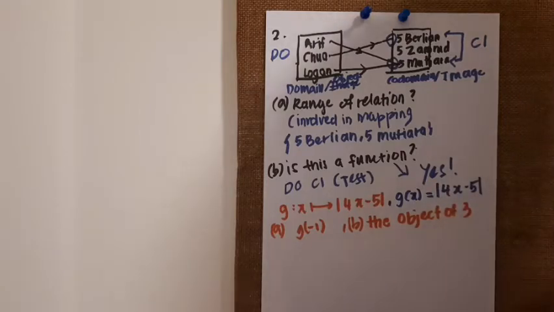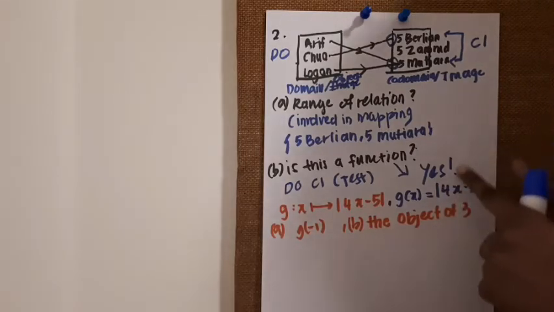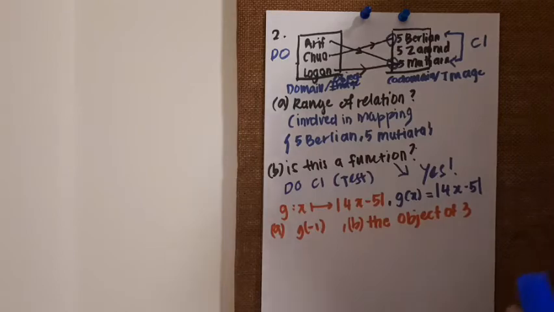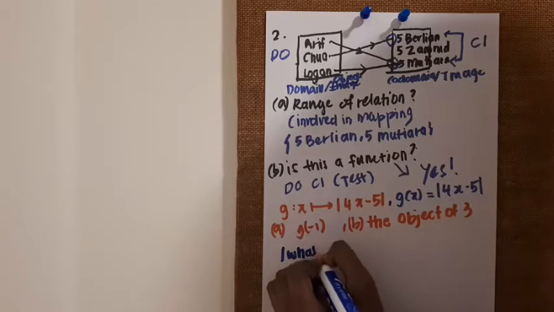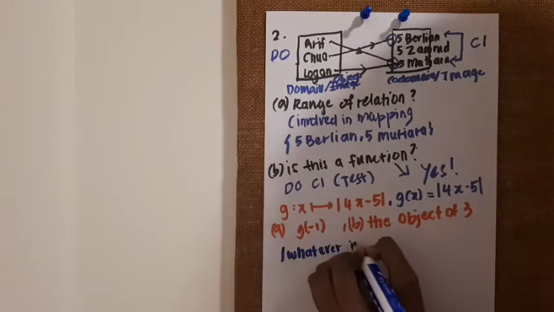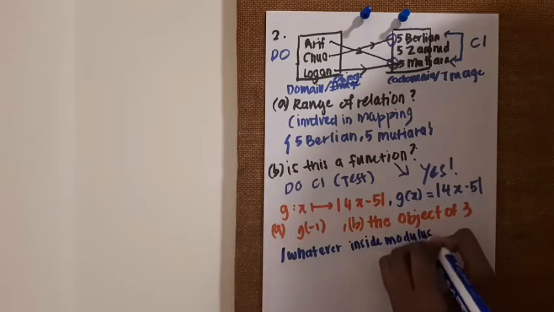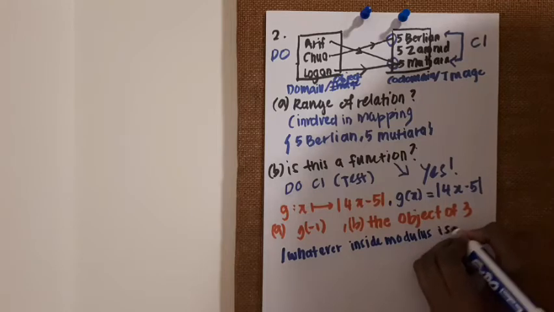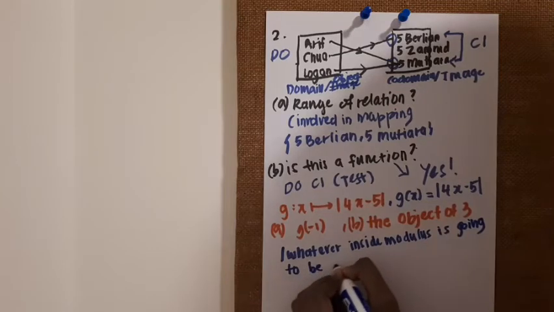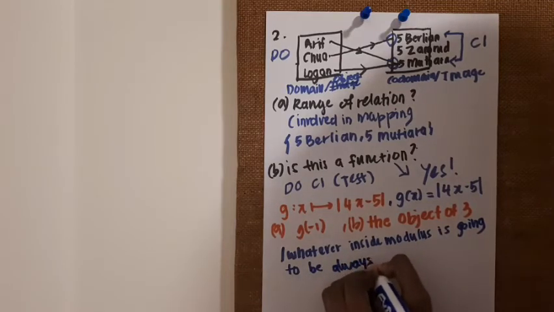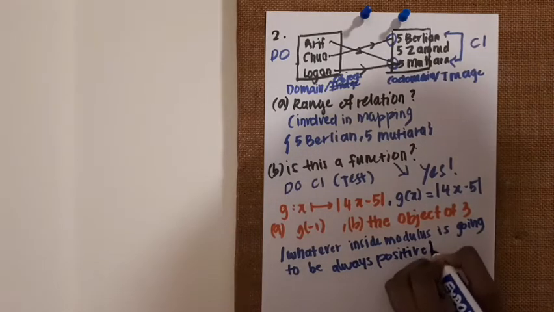If there's a number or unknown inside the modulus, the value is always positive.